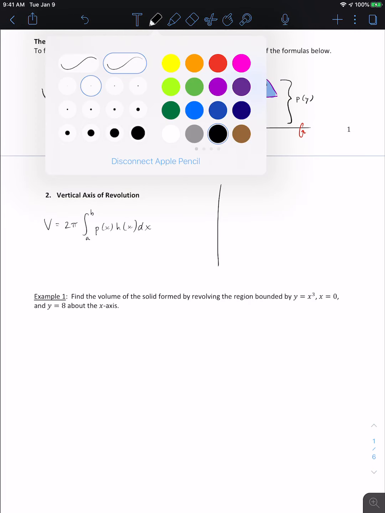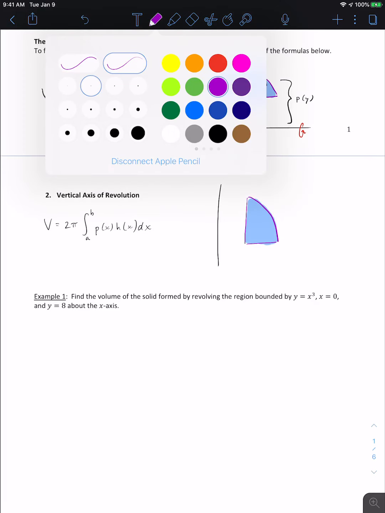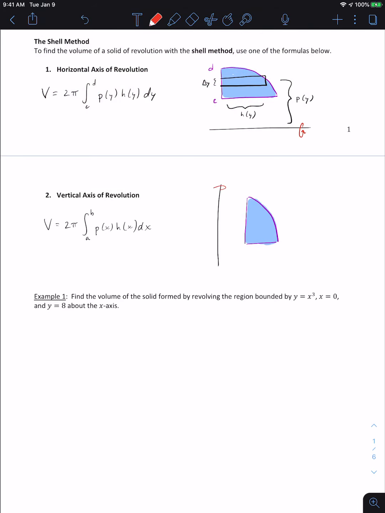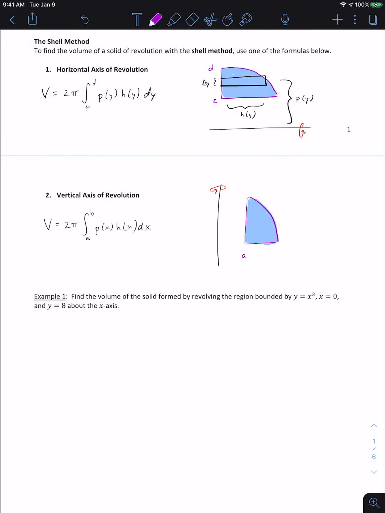And let's say that my solid looks like this, right? And then this is going to be my solid here. I'm going to revolve it around this vertical axis of revolution. So this is my starting x value. This is my ending x value, again, because those are on the x-axis here.